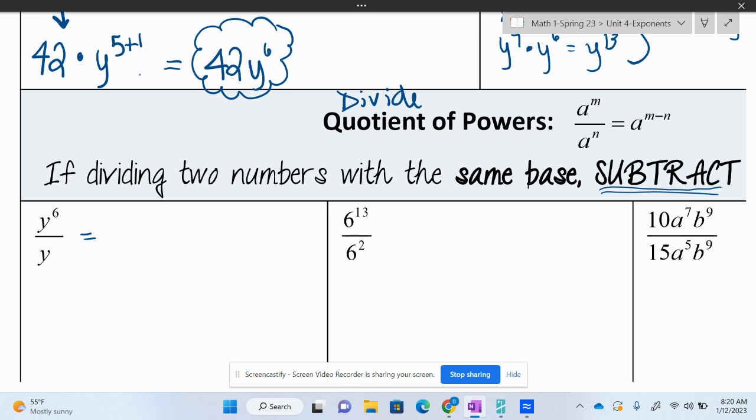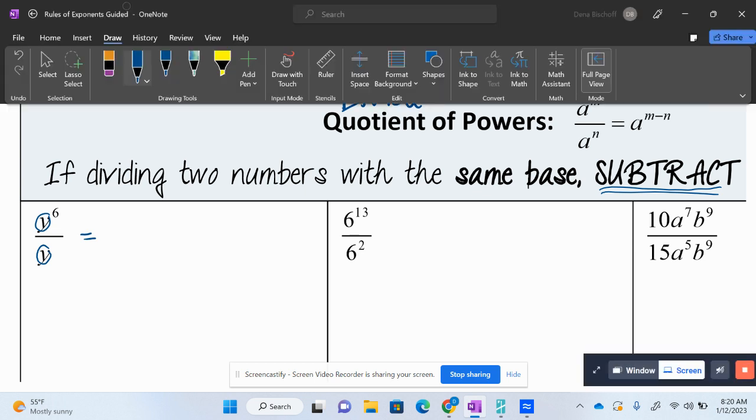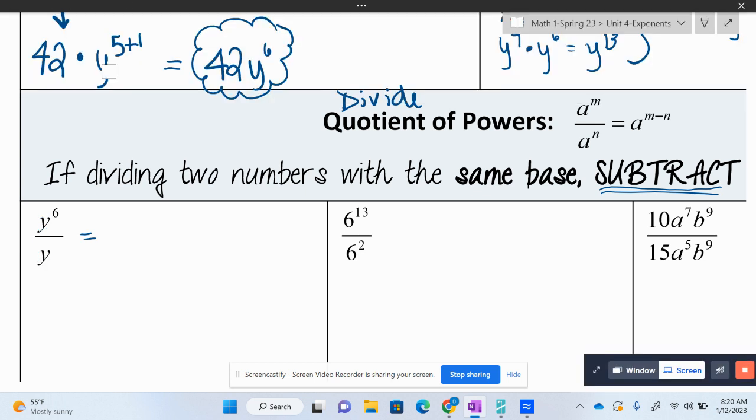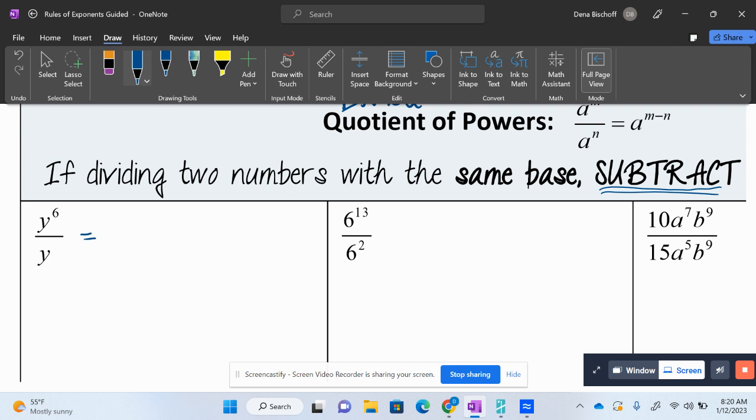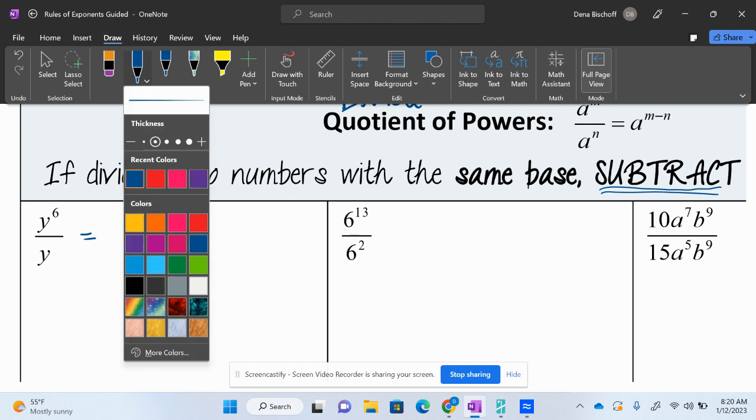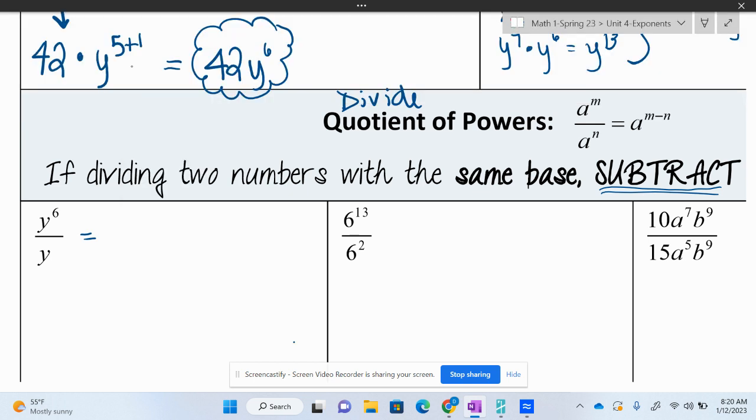First thing: is the base the same? Yes. Okay. What variable is actually attached to the y in the bottom? A 1. Okay. This is a division problem.